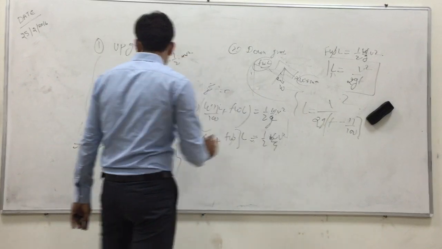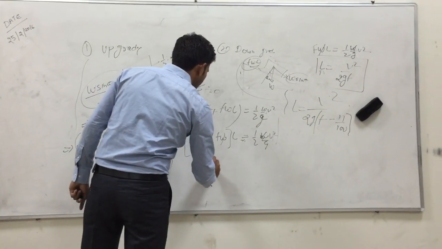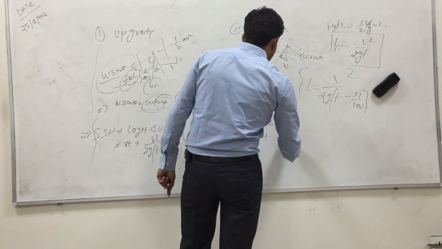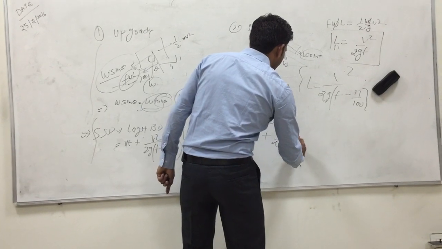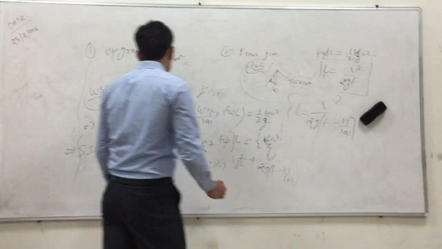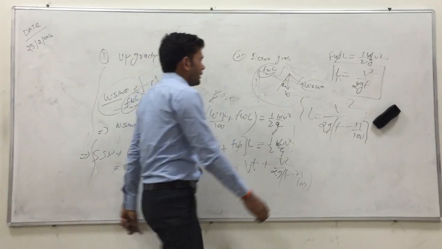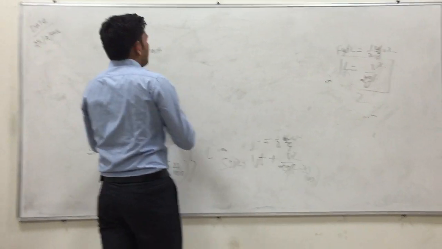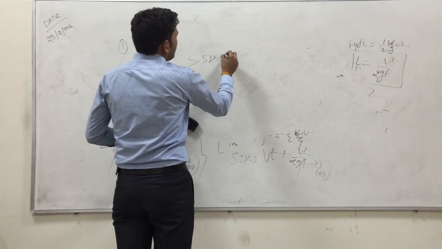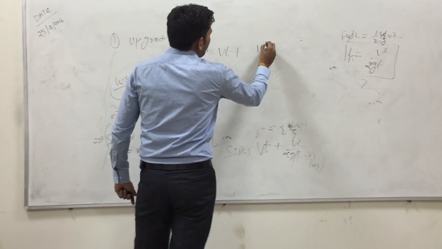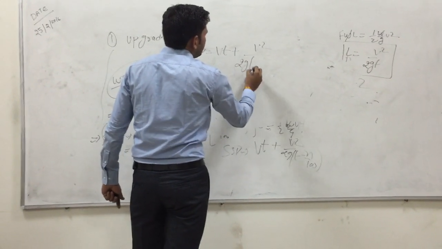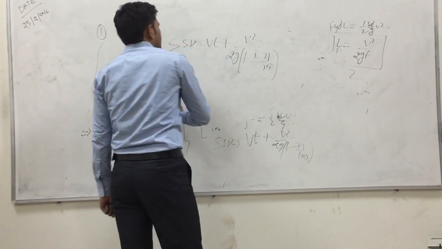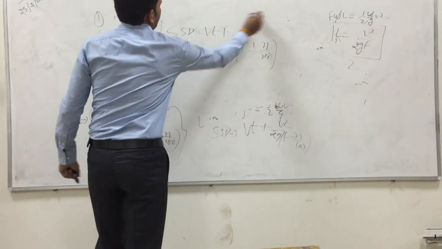Now we put this equation in this formula. So SSD for downgrade we get V t plus V square by 2 g f minus n by 100. So finally, we can write both of these equations in one manner, that SSD is equal to V t plus V square by 2 g f plus minus n by 100. This is a very important formula.